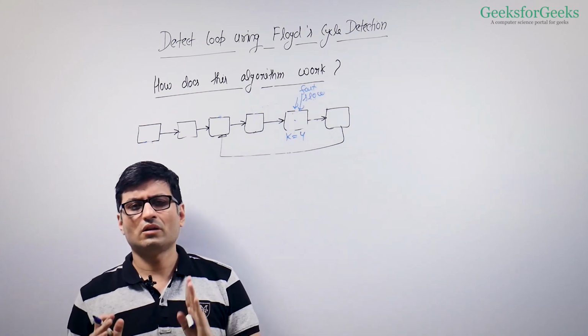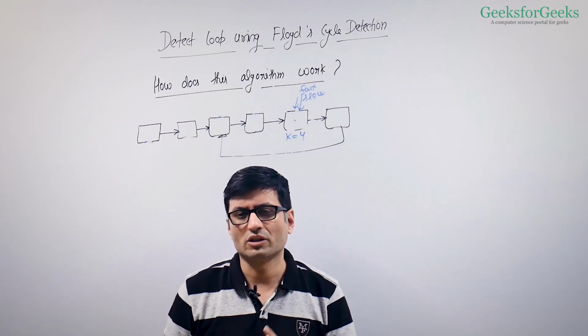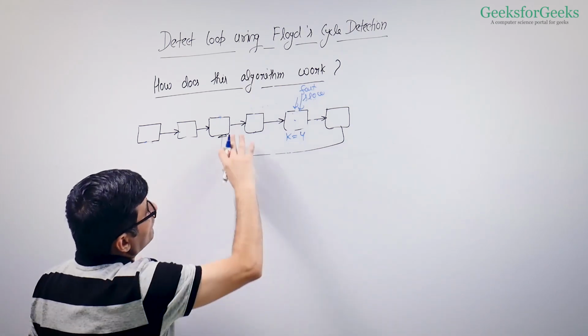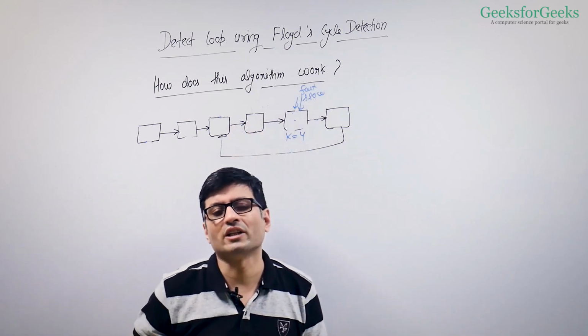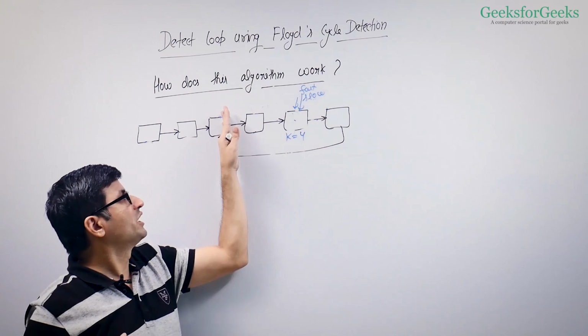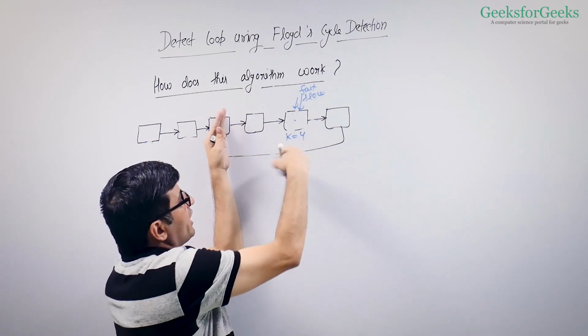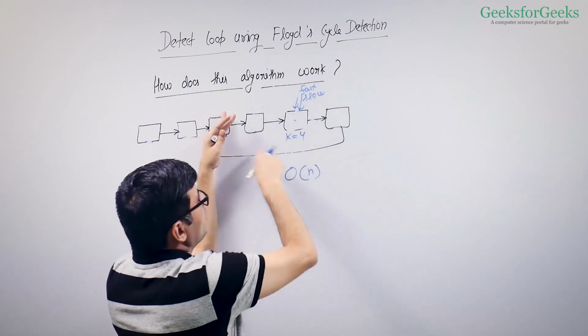Let's now quickly understand the time complexity of this Floyd's algorithm. If the length of the loop is n, and the distance is increasing by 1 in every iteration, then when slow is here, how many iterations will it take? It will take big O of n at most, where n is the loop length.